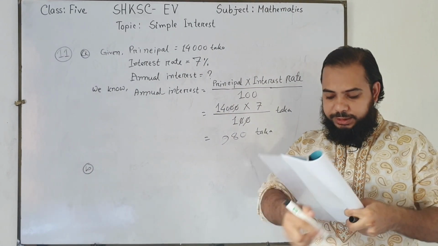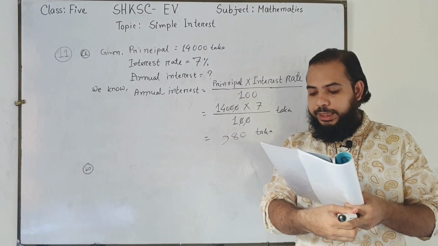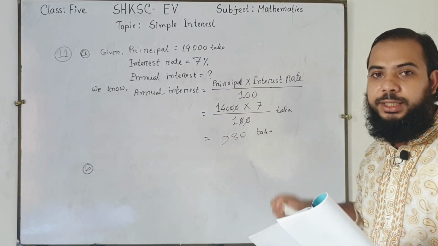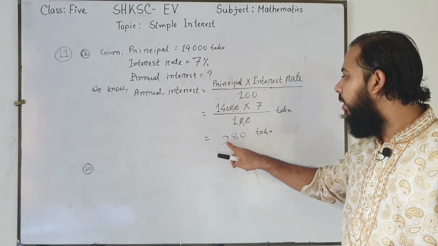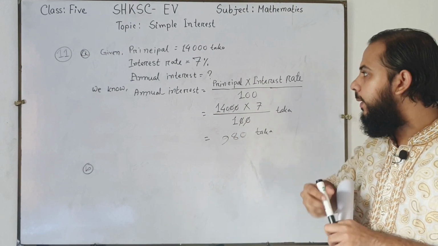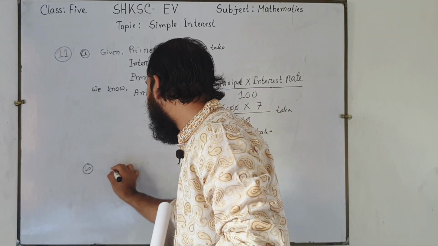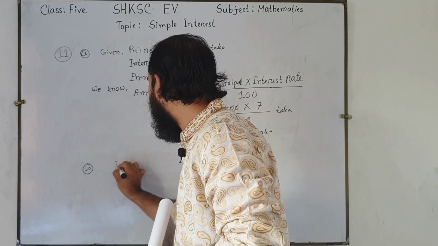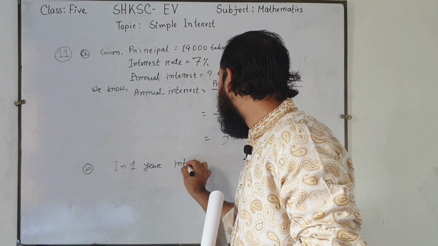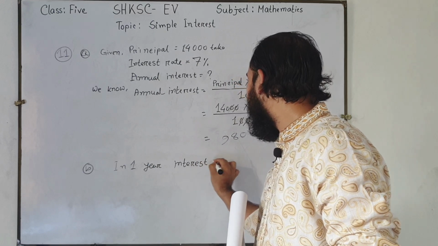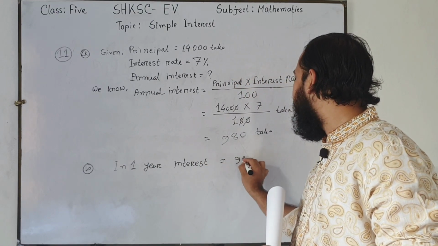Question number B asks, how much money did she pay back after 4 years? That means at first we have to find how much interest she paid after 4 years. So as in the previous one, in 1 year the interest was 980 taka.